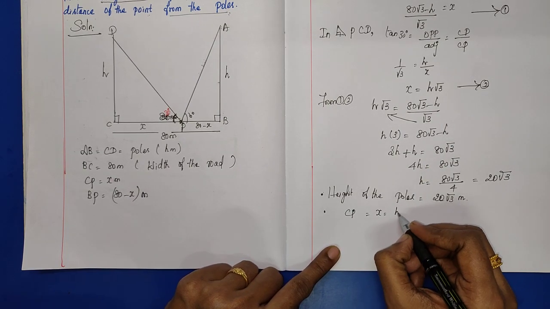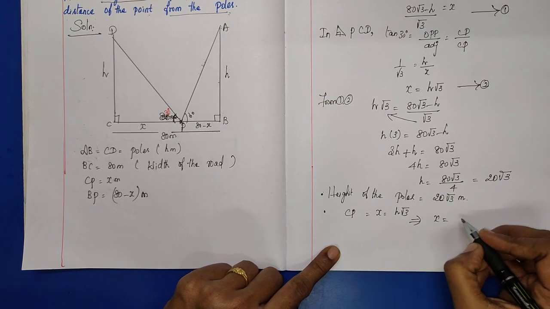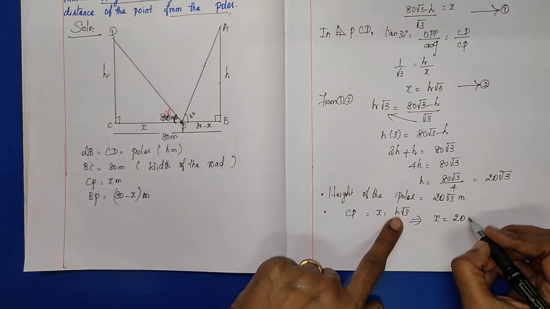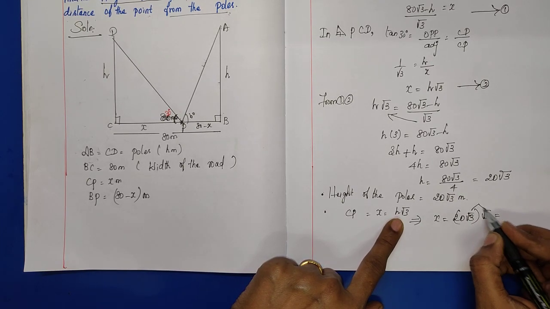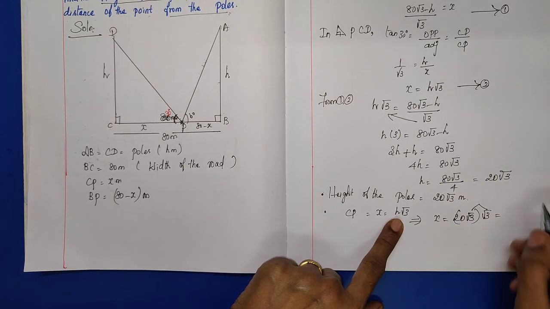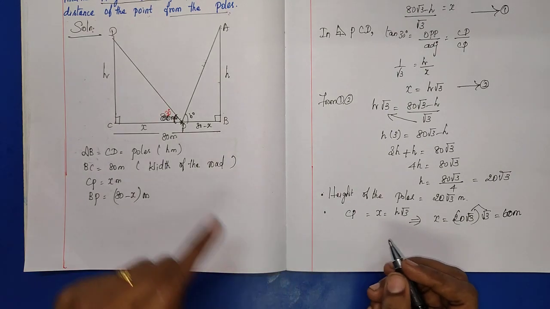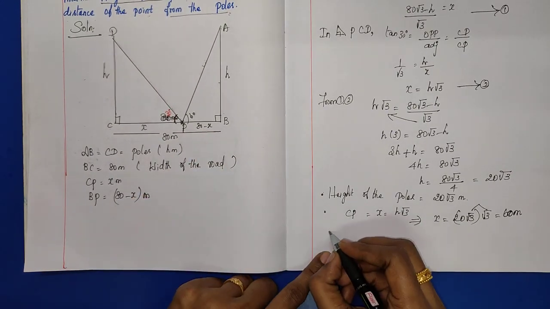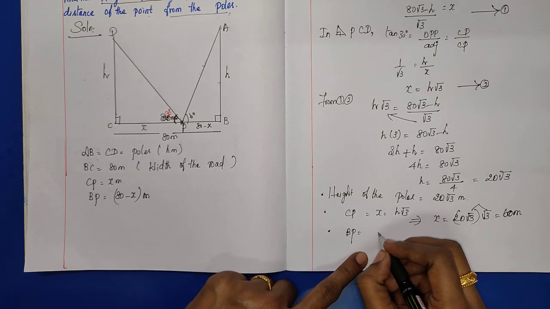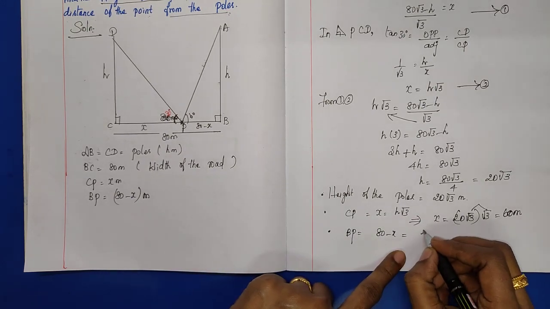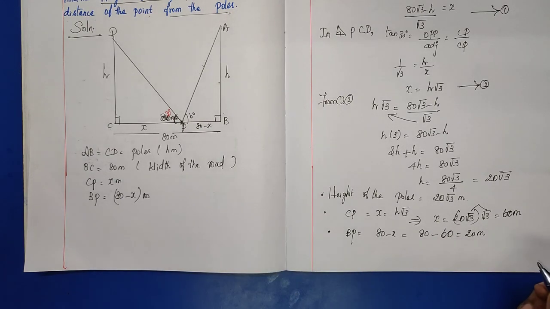So h root 3, this implies x is equal to 20 root 3 into root 3. Root 3 into root 3 becomes 3, so 60 meter. And find 80 minus x, that is BP. 80 minus x is equal to 80 minus 60, it is equal to 20 meter.